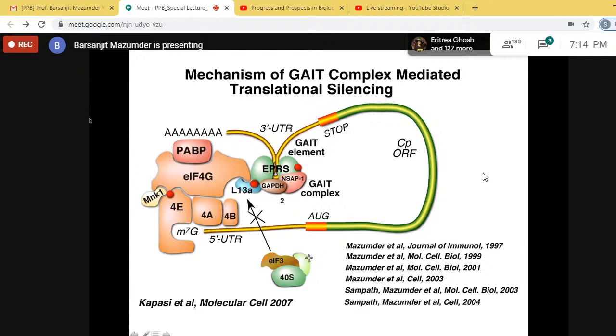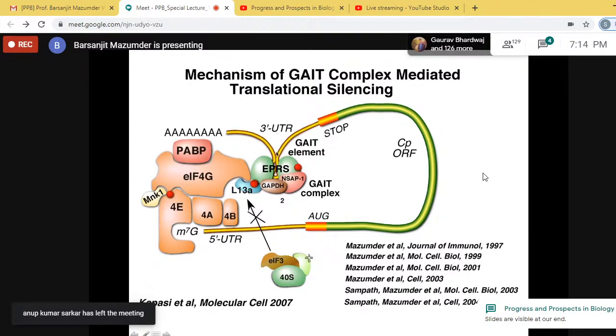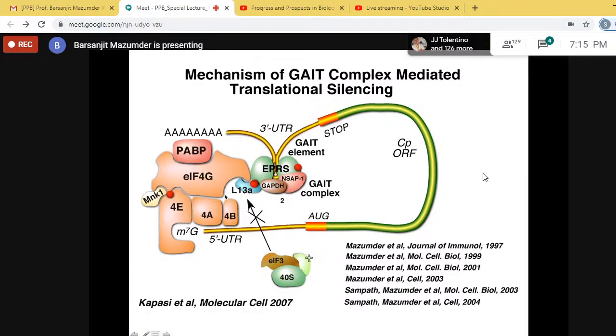By virtue of this closed loop structure, if an inhibitory complex binds the 3' UTR, that complex might get access to the initiation complex and thereby inhibit translation initiation.